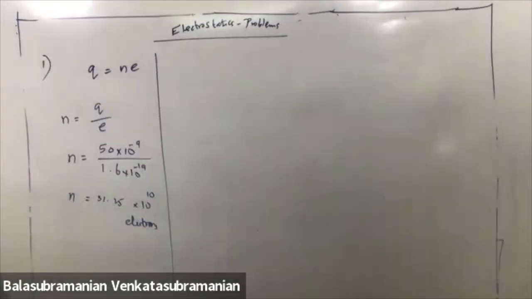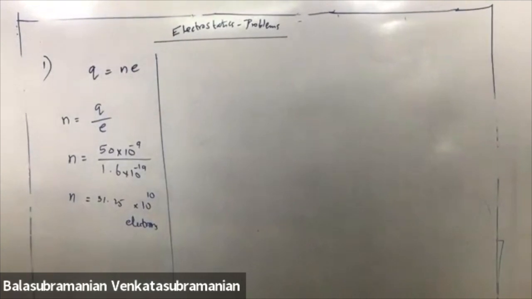Second one. The total number of electrons in the human body is typically in the order of 10 power 28. Suppose due to some reason you and your friend lost 1% of this number of electrons. Calculate the electrostatic force between you and your friend separated by a distance of 1 meter.